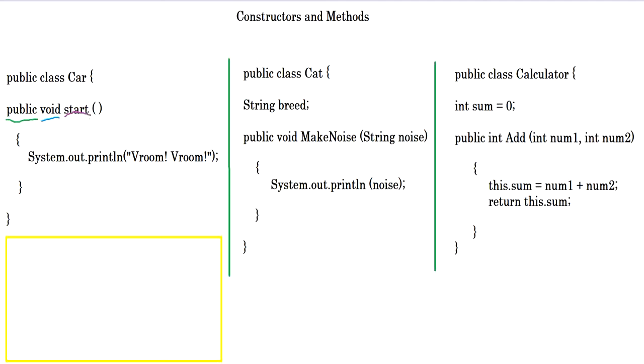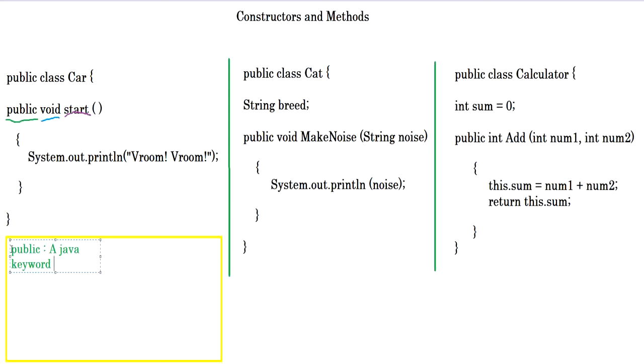Alright then, so I've underlined all three of the main words here, and now I'm going to explain what each of them are. So public, what does that mean in terms of a Java method? So the public keyword, it's basically a keyword. This public Java keyword, it indicates who can access the method.